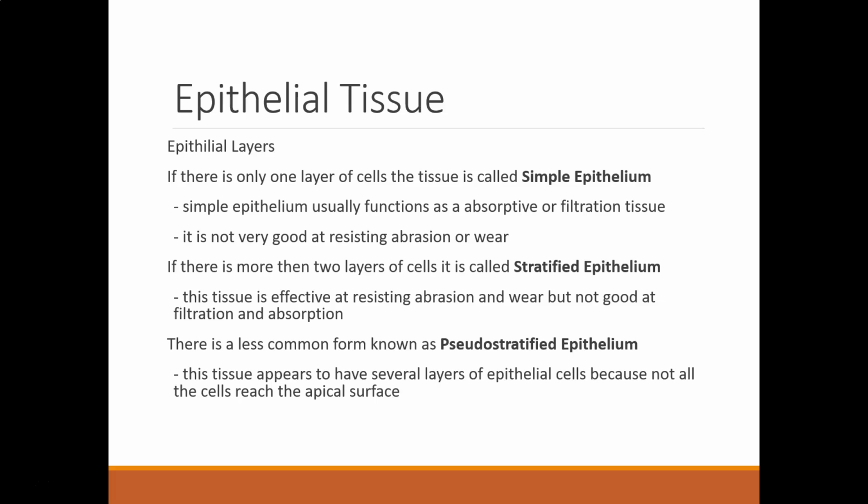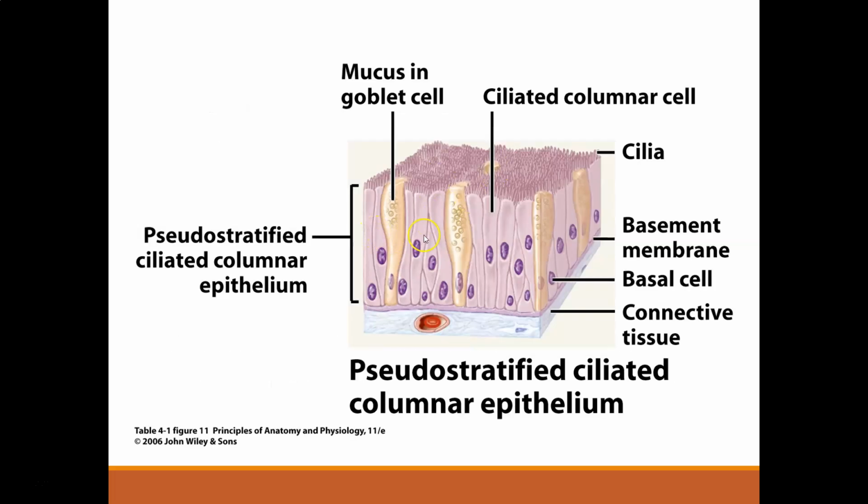And the reason it's called pseudo is because it appears to have several layers of epithelial cells, but it doesn't. It's just that not all the cells reach the apical surface. So we can see here there are cells here that don't seem to get to the apical surface, but they are only a single cell. So this is called pseudo-stratified because it looks like there's a number of layers here, but in fact there's actually only one.